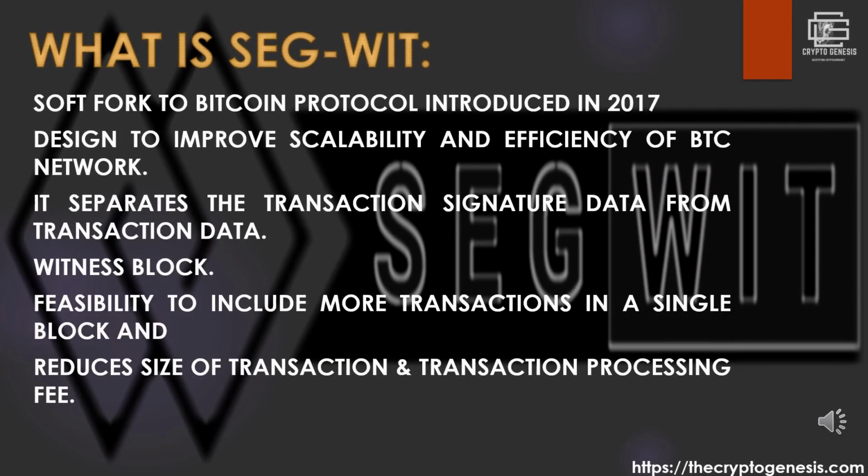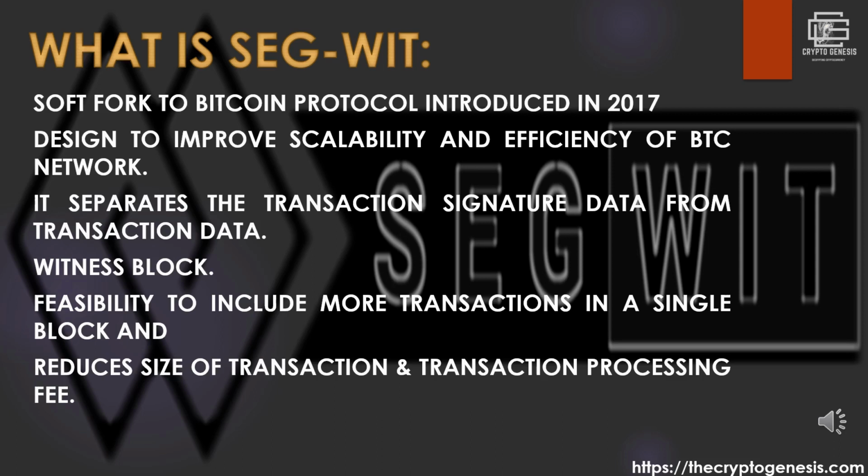Next we have SegWit, which is also known as segregated witness. Segregated witness is a soft fork upgrade to the Bitcoin protocol that was activated in 2017. We will discuss forking in the upcoming videos.